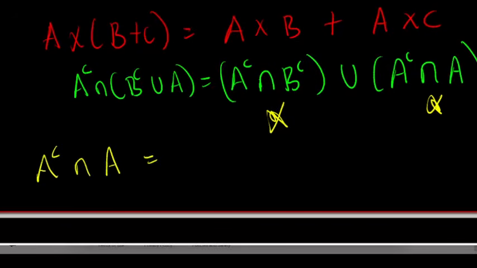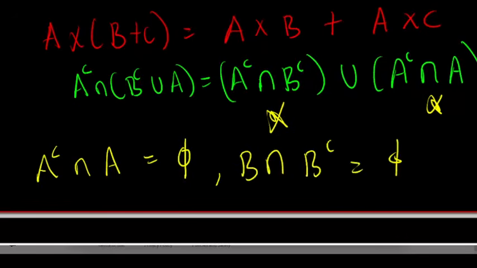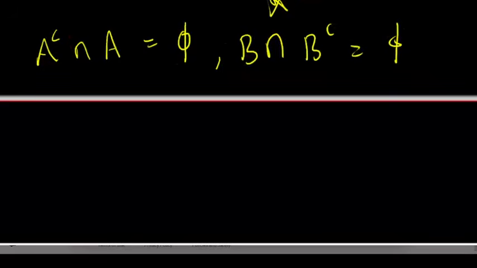Anytime you are intersecting a set with its complement, you are going to have an empty set. Let me say that again. Anytime you are intersecting a set with its complement, you are going to have an empty set. Let's say I have B intersection B complement. Now you are going to have the empty set. Now something might come to your mind: what if you have a union?